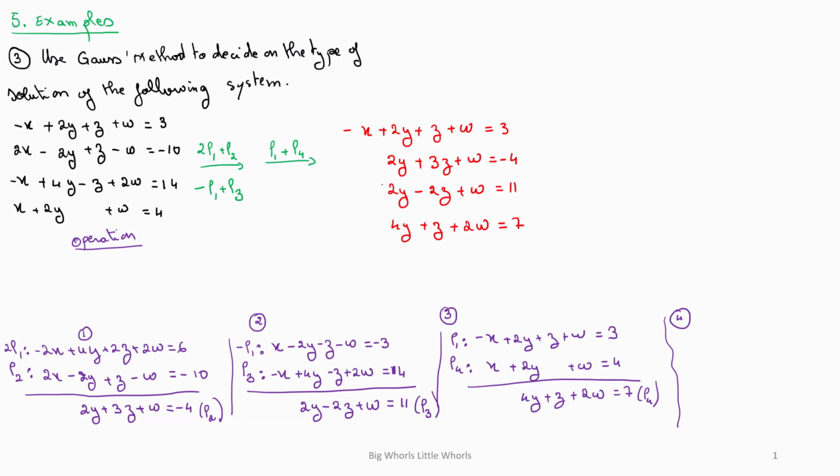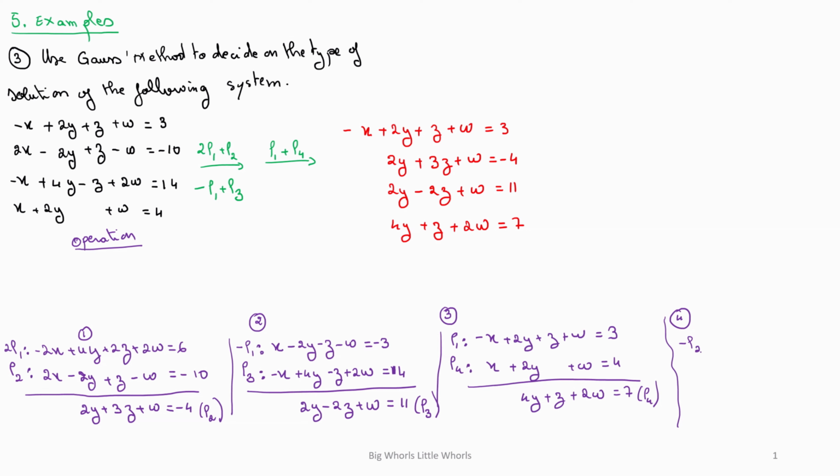To eliminate the y in row 3, I'm going to multiply row 2 by minus 1. So minus row 2, I hope you can follow.